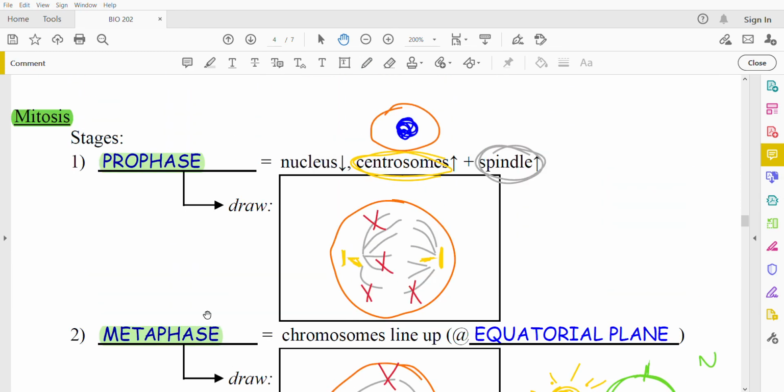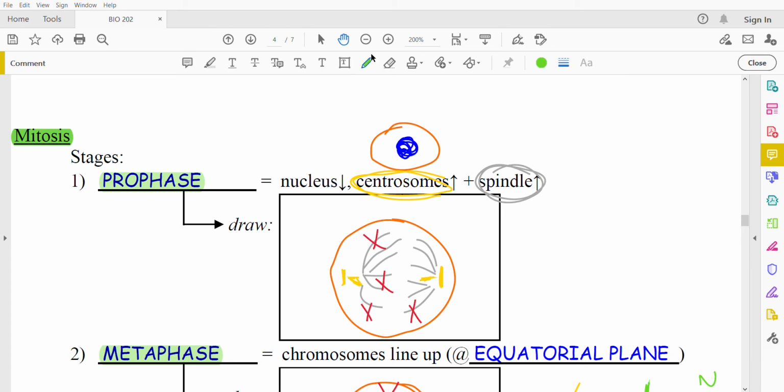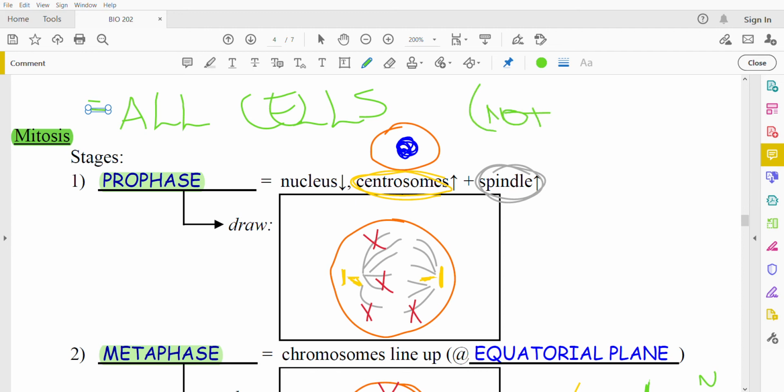And we remember that mitosis was the production process that we used for all of the other cells in the body, with the exception of the sex cells.